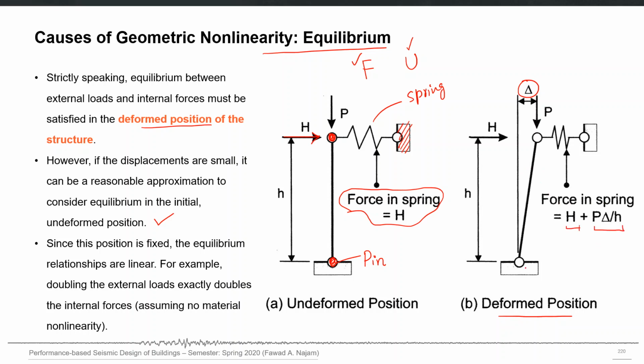You can try applying the equilibrium condition on that geometry yourself, and you will get this, because the moment at this point should be 0, so the spring should have more force in order to account for this displacement.